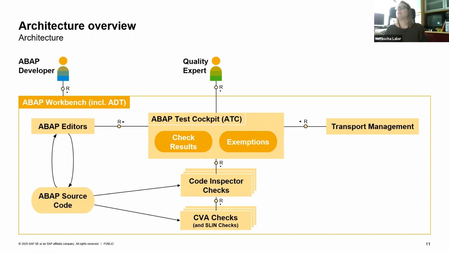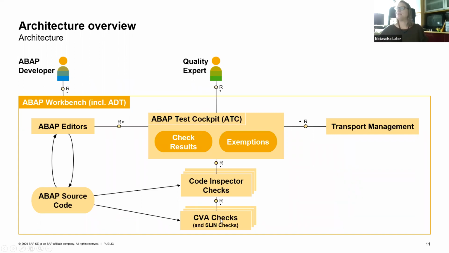Usually we have a quality gate, something similar to that, where you scan all your code, usually for performance and syntax checks and so on. That is where we would also see the security checks run.